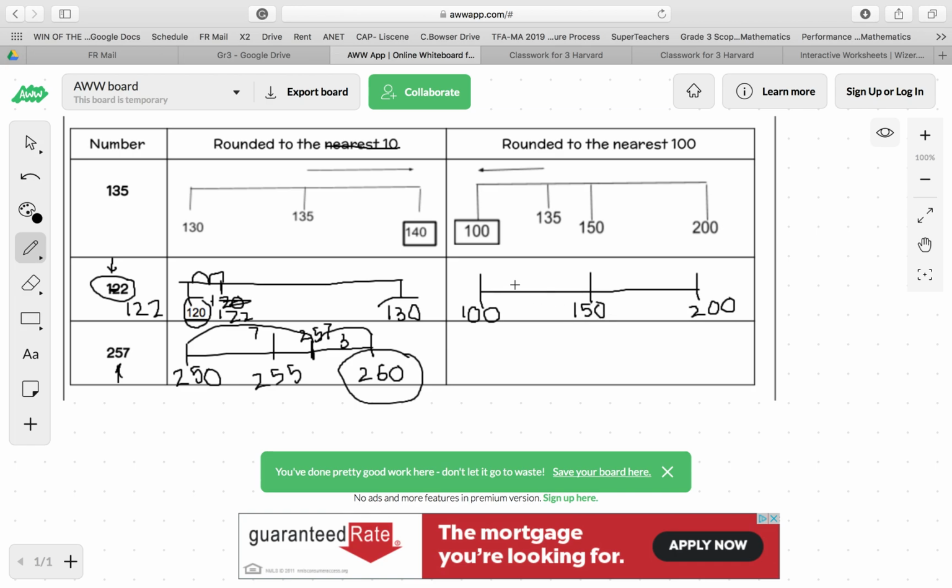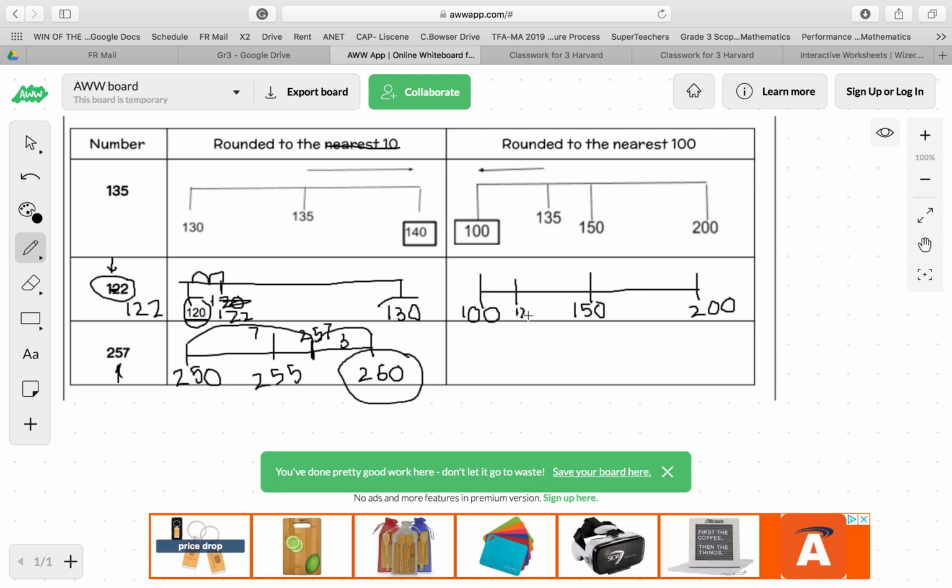So if you place 125 right here, then you are correct. It should be right around here. You can also use your number line over here to help you, because this is probably 120, so we know it's somewhere around this area. And the island it is closer to is 100.